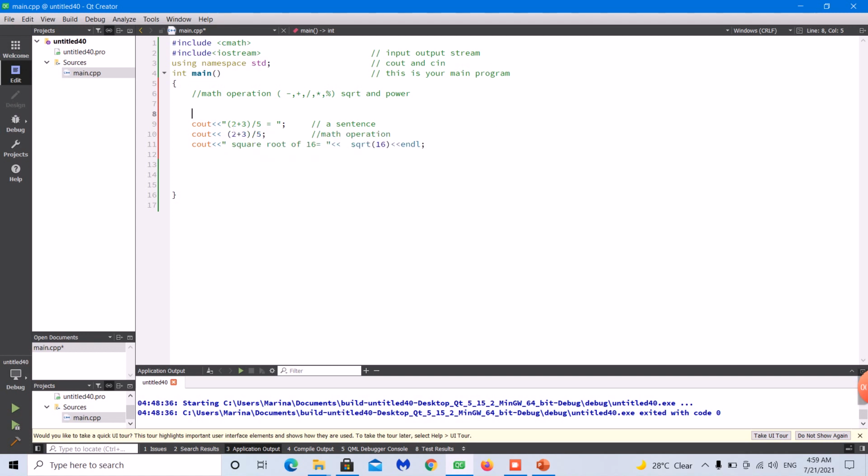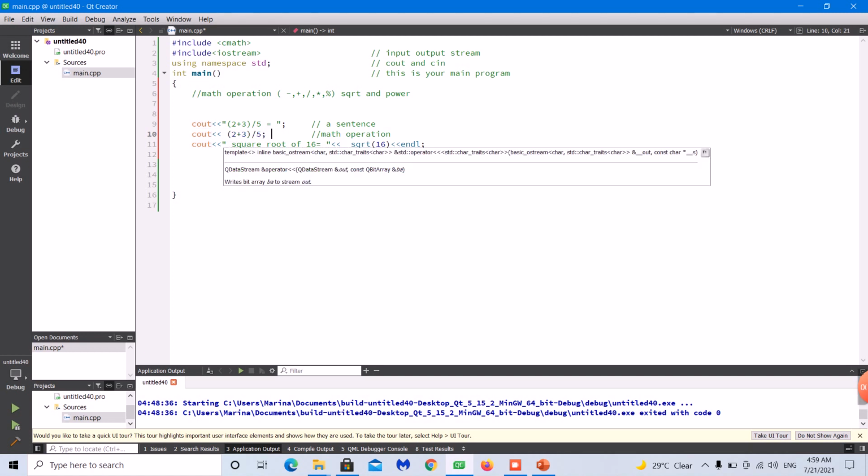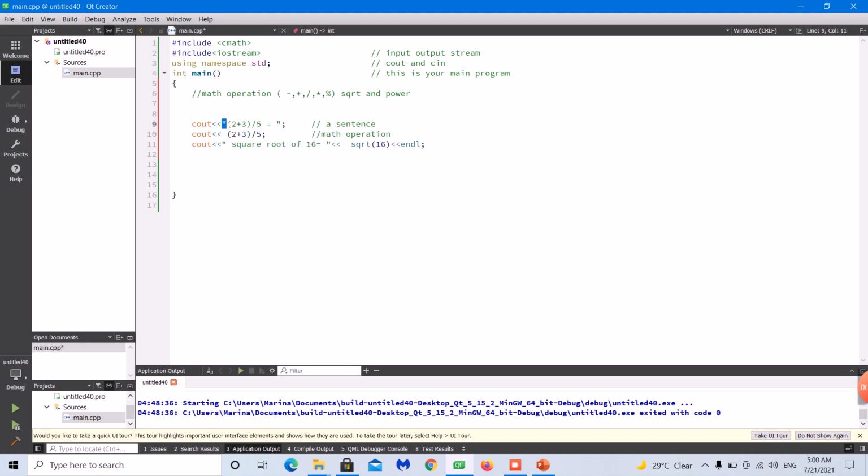We wrote here between the double quotations 2 plus 3 between parentheses over 5 equals, and then we wrote in line 10, cout this equation: 2 plus 3 over 5. You will notice that we didn't use the double quotations. If we use the double quotation, it's going to be a sentence displayed on the console screen, and we don't want this to happen. We want this to be a mathematical operation.